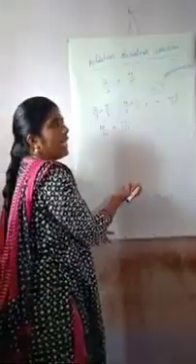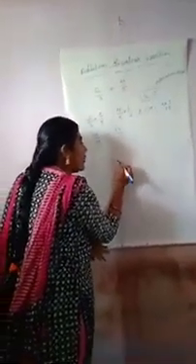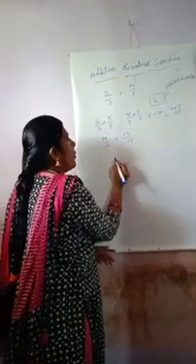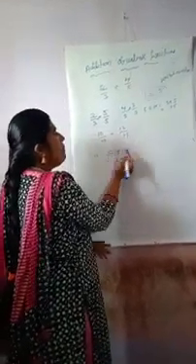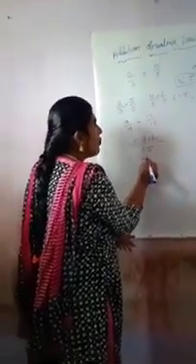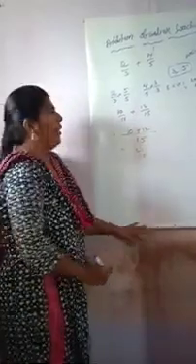So it is easy. To add like fractions, keep the same denominator 15 and add the numerators: 10 plus 12. How much? 22 by 15.